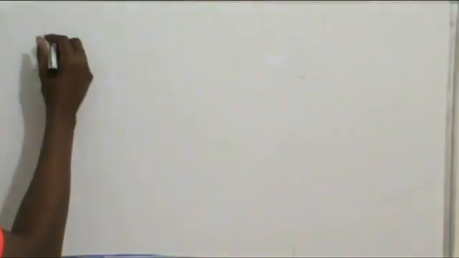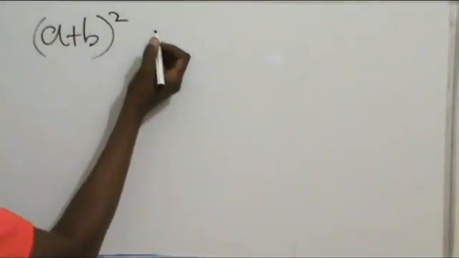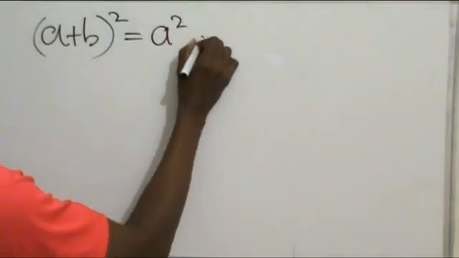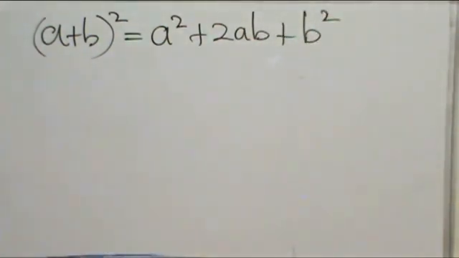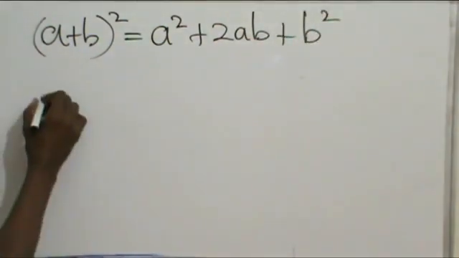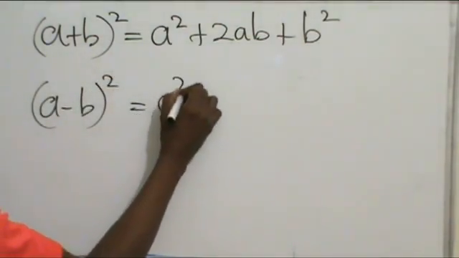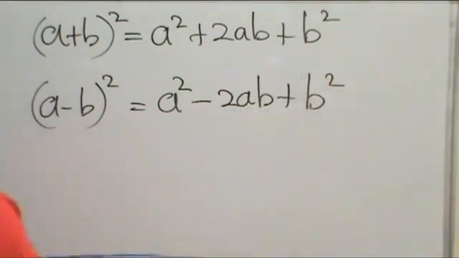Alright, so we're going to summarize the three expansions that we just went through. The first one was that A plus B squared is equal to A squared plus 2AB plus B squared. The second one was that A minus B squared is equal to A squared minus 2AB plus B squared.